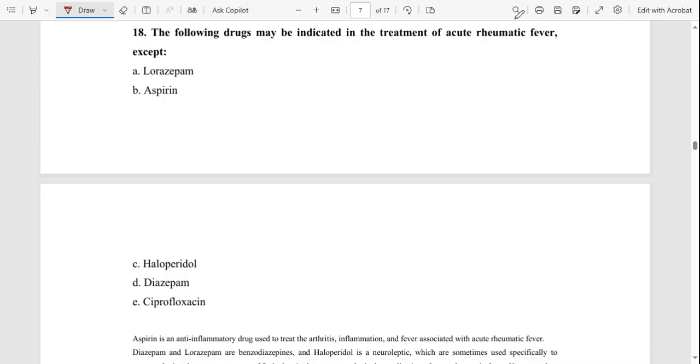So on the drugs that you use for acute rheumatic fever, number one of the drugs mentioned here is lorazepam, which is A, and diazepam. These two drugs are both benzodiazepines.